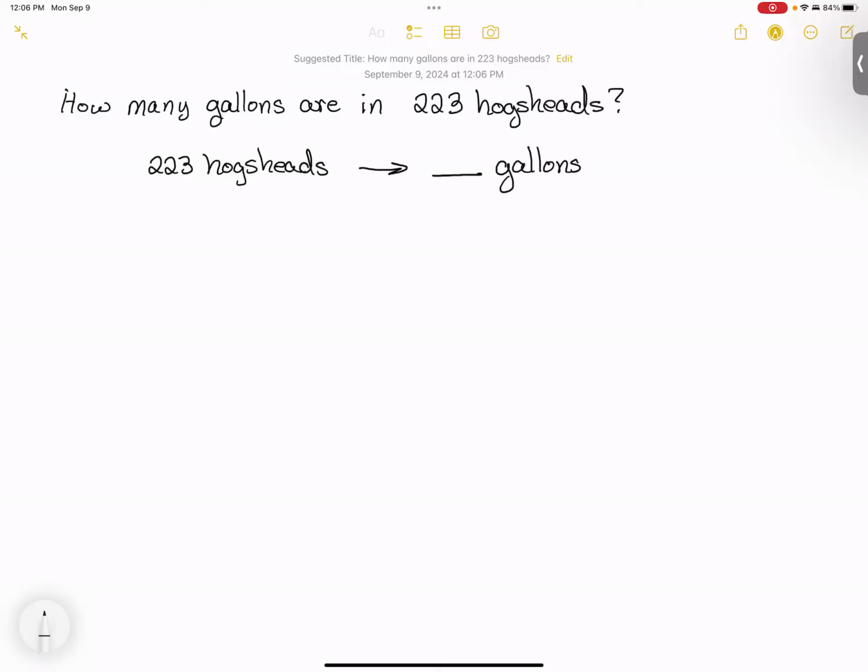Do these words have anything in common? No. Because they don't have anything in common, that is your cue that you need the English to metric conversion table up at the top. So that's the first thing I did, is I realized there was nothing in common.